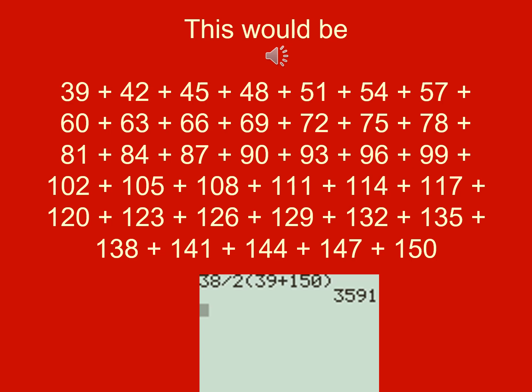It's like 39 plus 42 plus 45, and you keep adding an extra 3 each time until you get to 144 plus 147 plus 150. If you look through this, it turns out there are 38 things we're adding up. So I take 38 divided by 2. First number is 39, the last number is 150. We add those up and you can see the overall answer is 3,591.